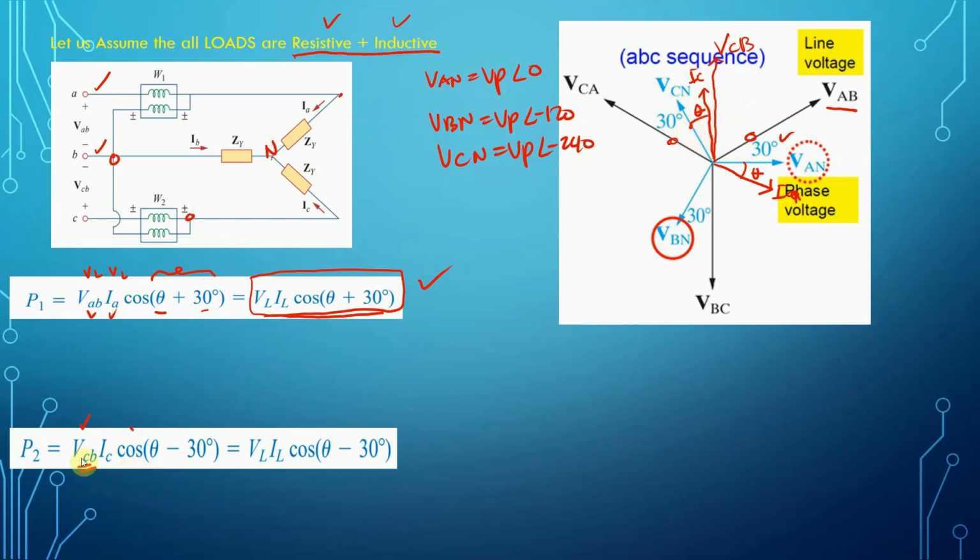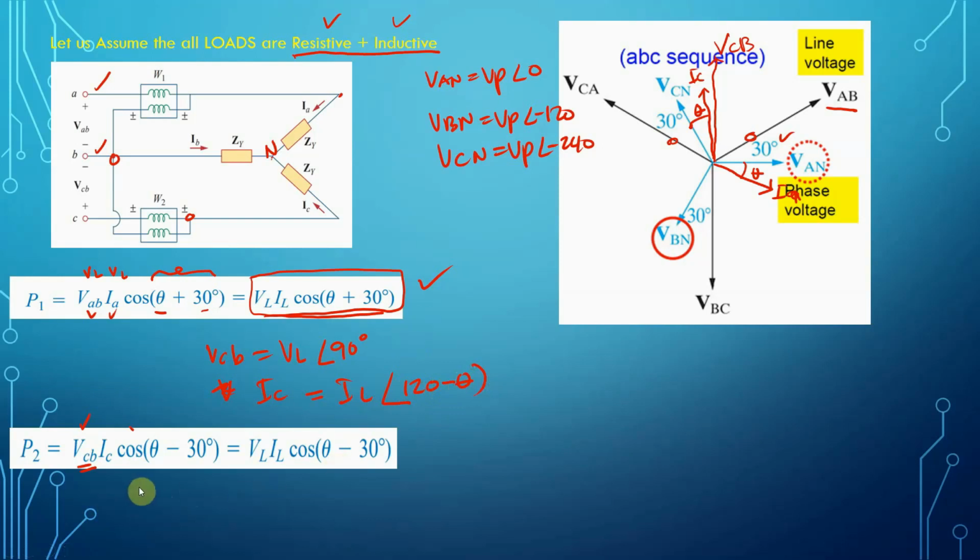So we can expand this. We will have VCB equal to VL with an angle of 90 degrees, right? And we have IC equal to IL with an angle of 120 minus theta, right?